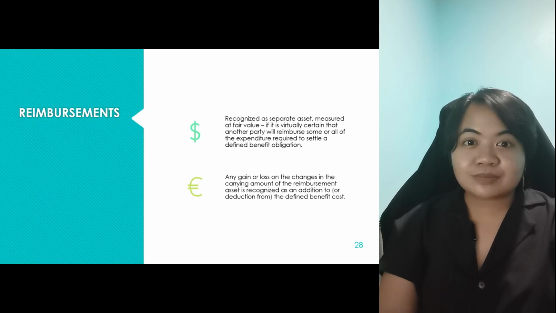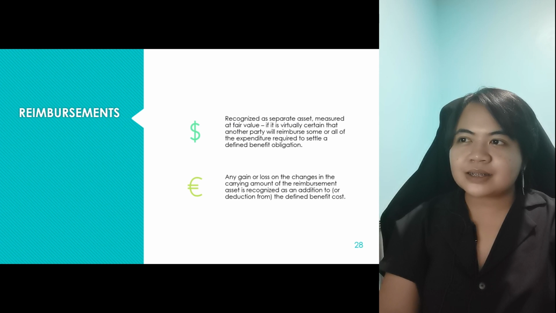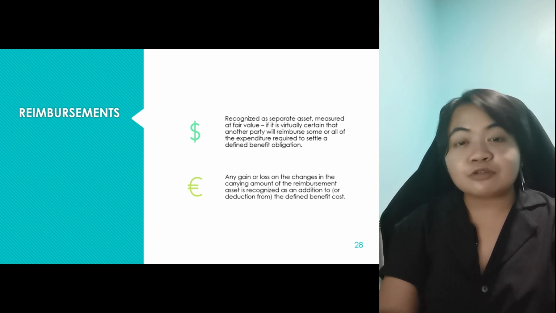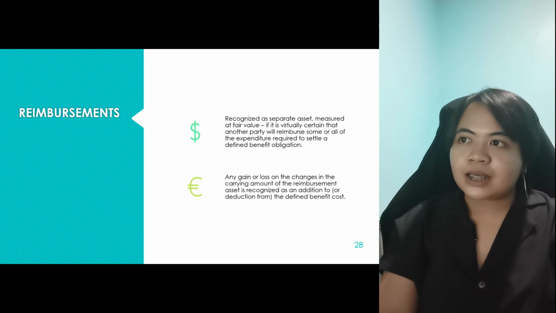Then we have what are called reimbursements. These are recognized as a separate asset measured at fair value. You have to remember this. Reimbursements on the part of the employer due to the defined benefit plan are separate assets measured at fair value, if it is virtually certain that another party will reimburse some or all of the expenditures required to settle a defined benefit obligation.